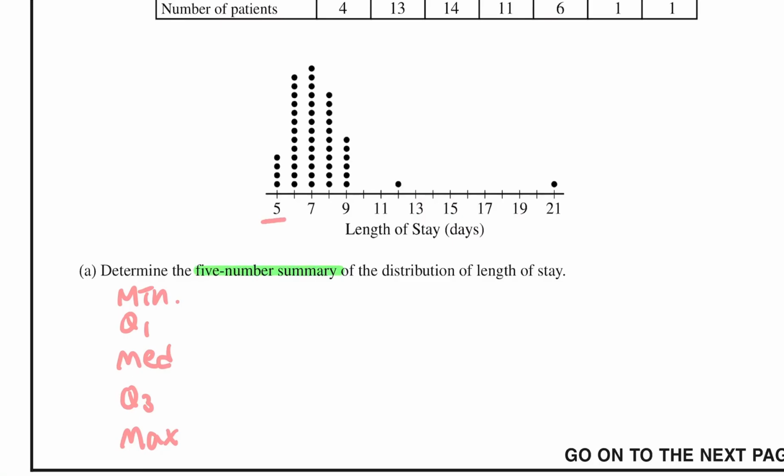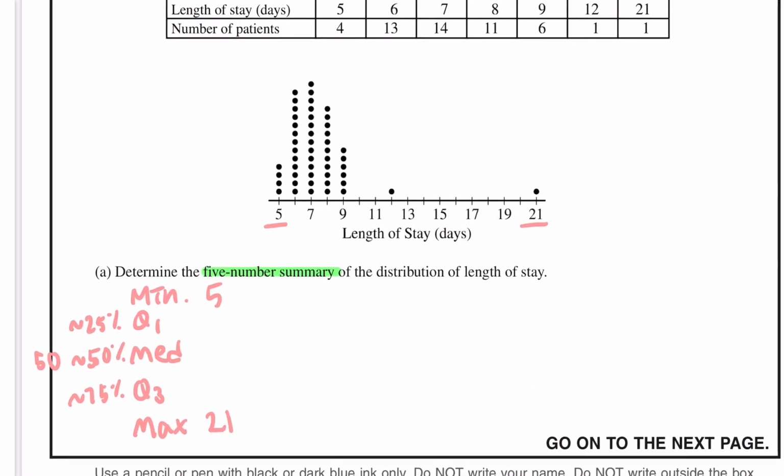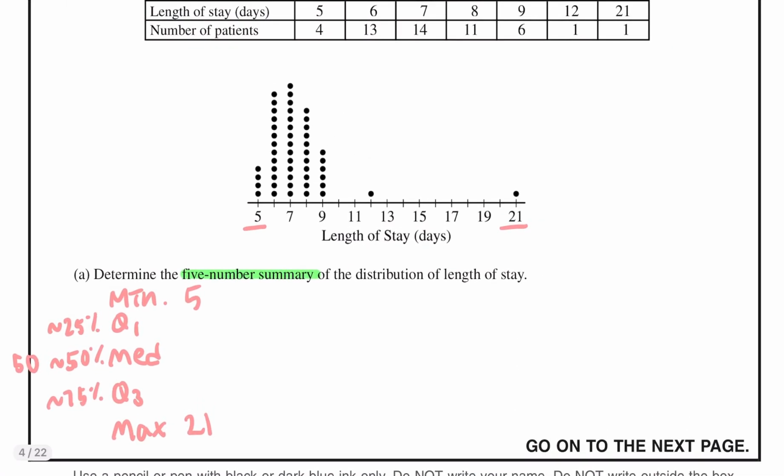We clearly see that the smallest number is 5 and the biggest number is 21, so those are the minimum and maximum. For the quartiles, we need 25%, 75%, and the middle. Remember that there are 50 patients in total, so it is easy to calculate those values. They are 6, 7, and 8.